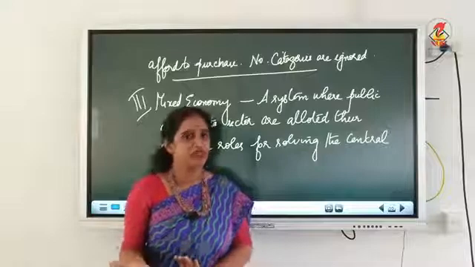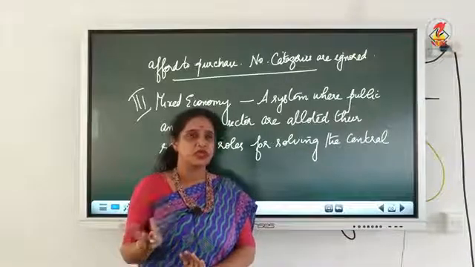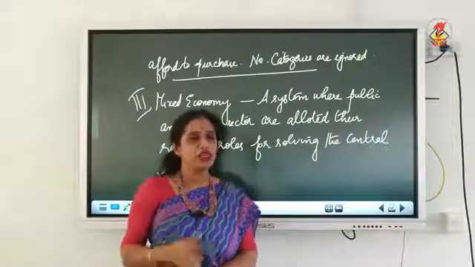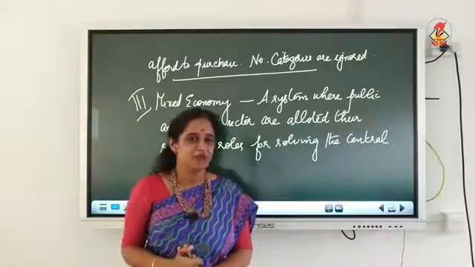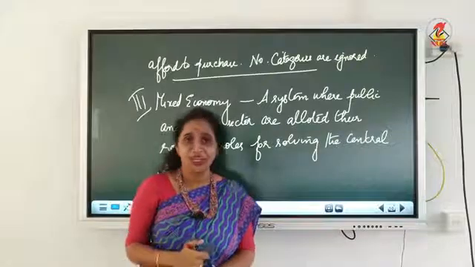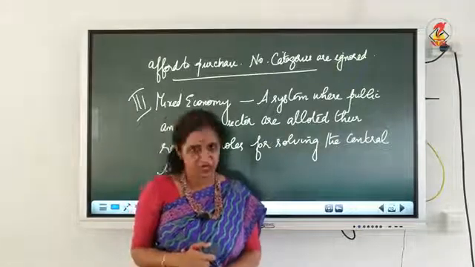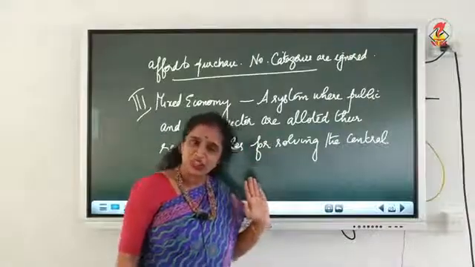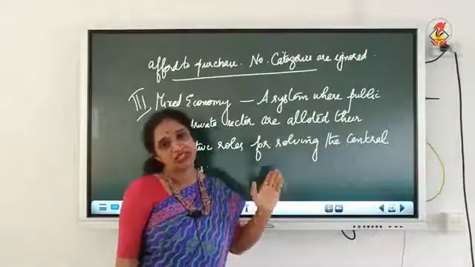Richer section can afford four-wheelers, a poor person can afford bicycles. So, everything is being produced in an economy according to the needs of the people. No categories are ignored. So, welfare motive. So, this is how the three problems are solved in a socialist system.